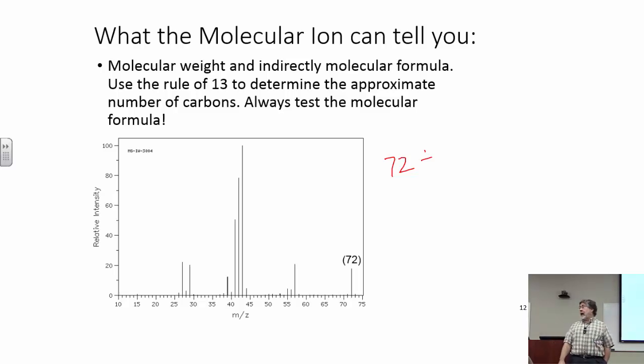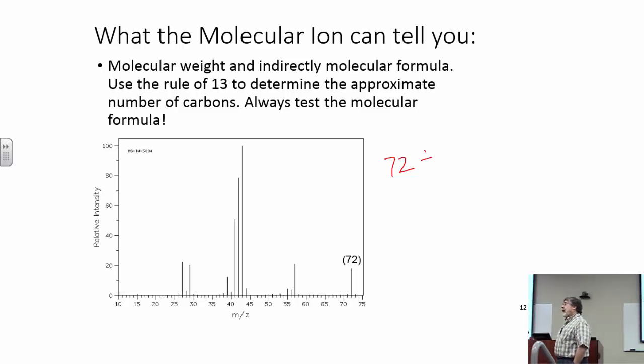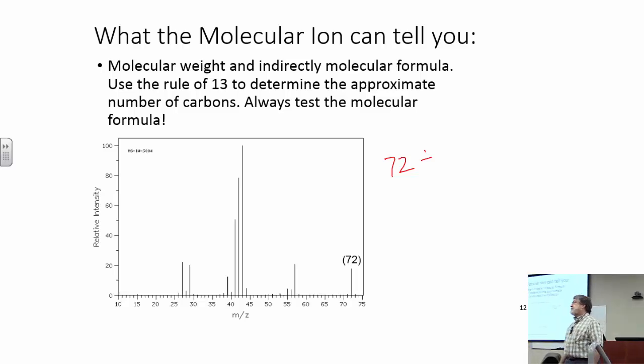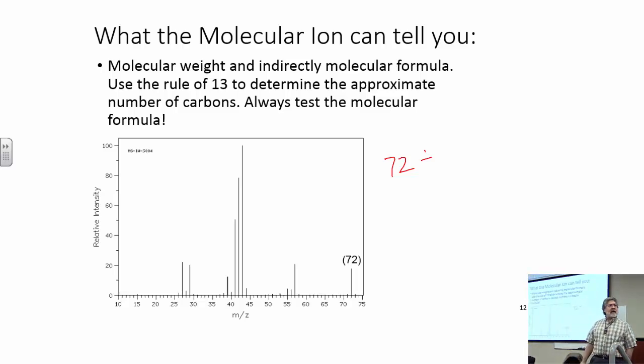Are there any others? Well, if we knew that this was just a hydrocarbon, we'd be done. But there's nothing up here that says it's just a hydrocarbon. What if it were an alcohol? Now we've got to take C5H12 and squeeze oxygen into it. What do we have to remove from C5H12 in order to allow an oxygen?